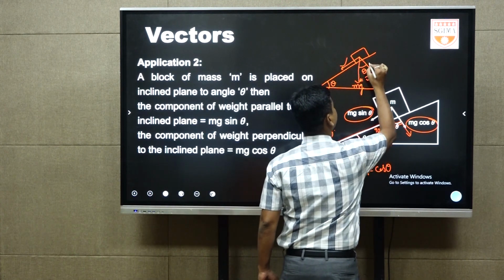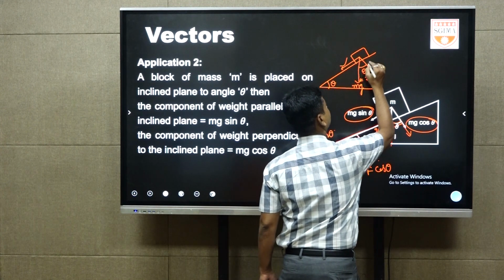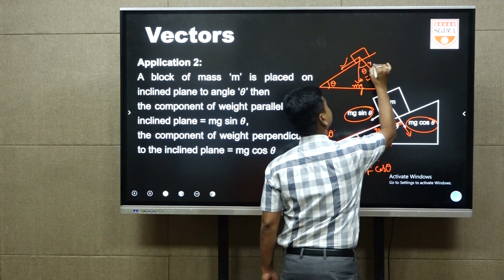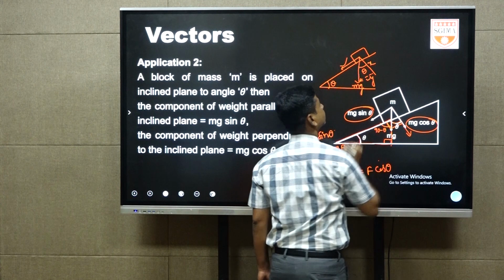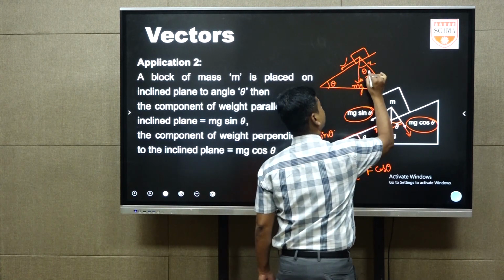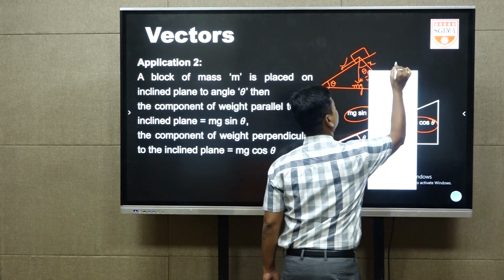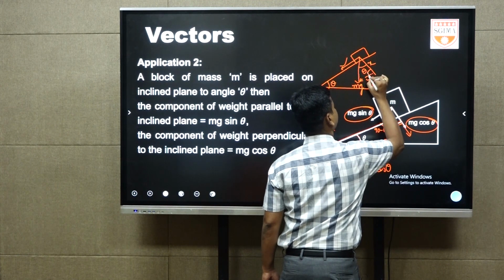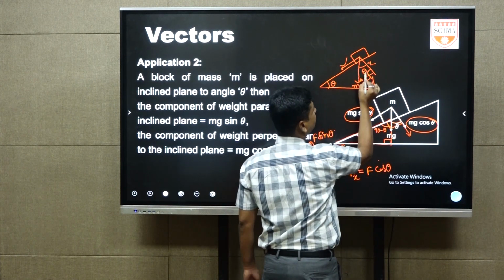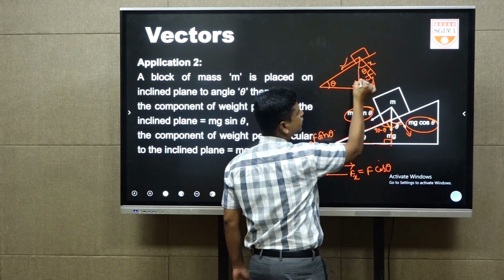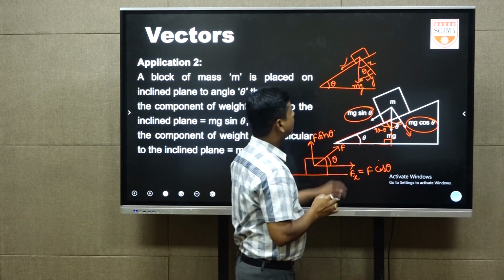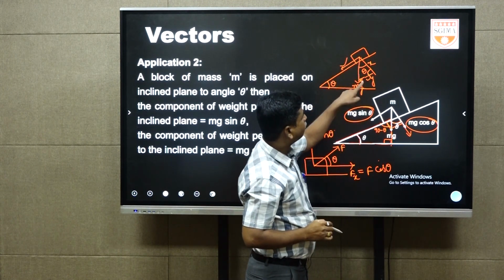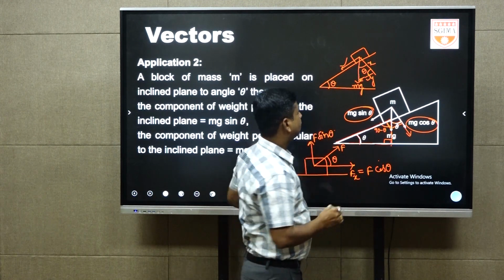Then for this component, with angle theta, we can take it as x and the other as y. Here the angle is 90, which means x is adjacent and y is opposite for theta.